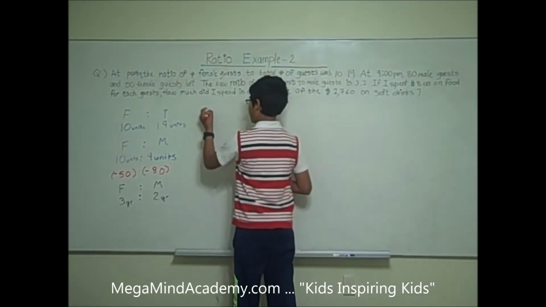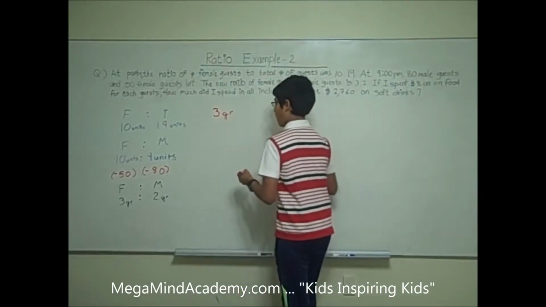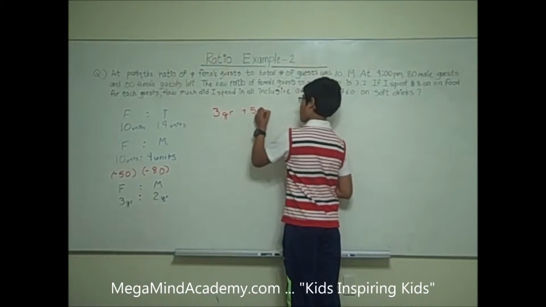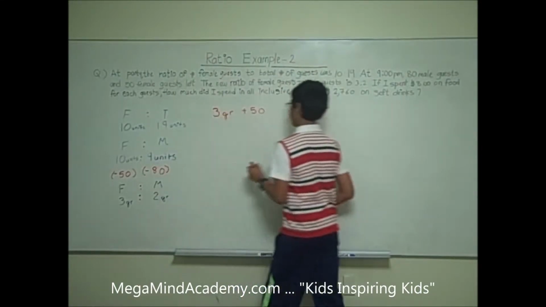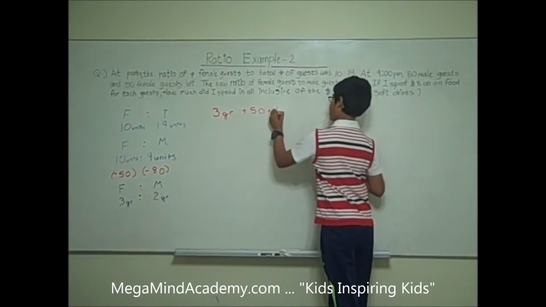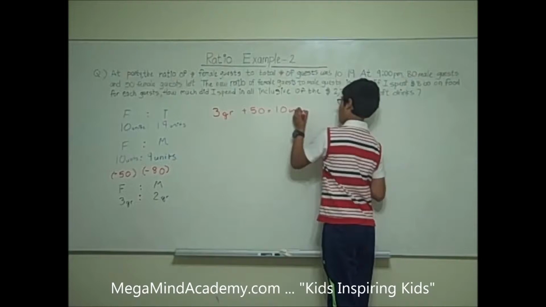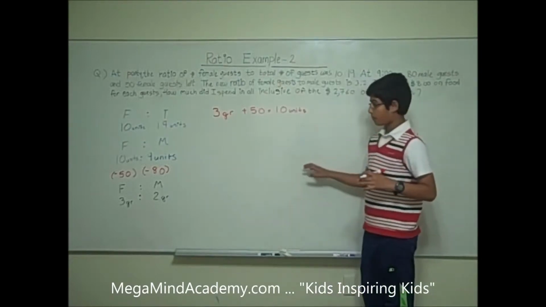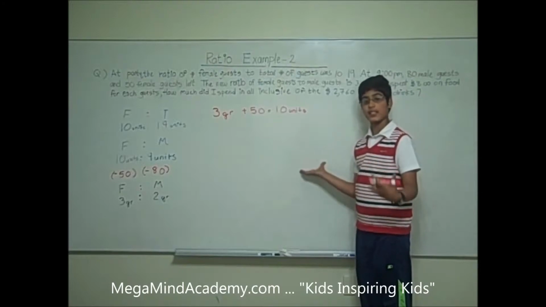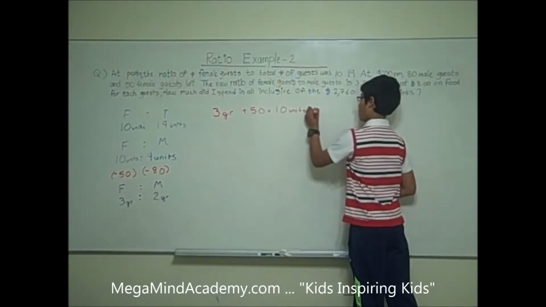So, 3GR plus 50 is equal to 10 units, because that is how many female guests we started out with. This is equation 1.